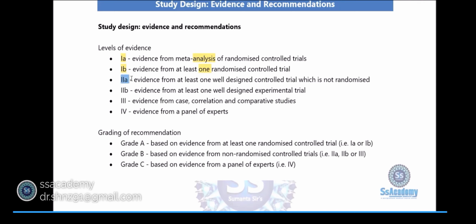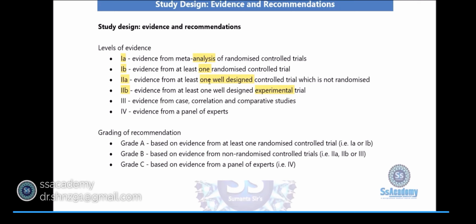2A is evidence from at least one well-designed controlled trial which is not randomized. Level 2 evidence means at least one well-designed controlled trial. 2B is evidence from at least one other well-designed experimental trial.